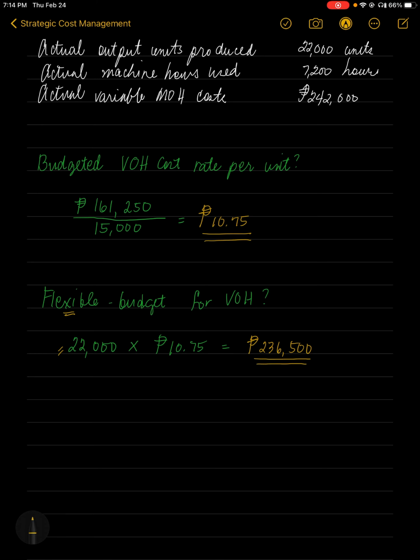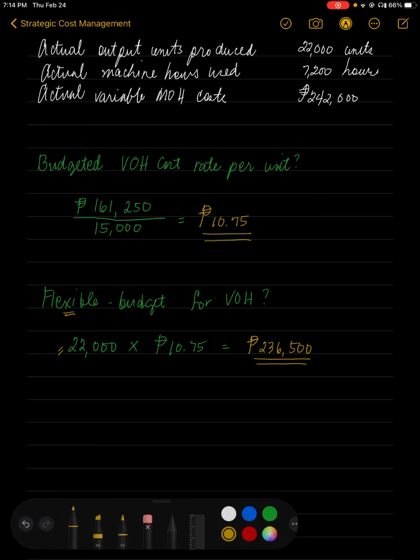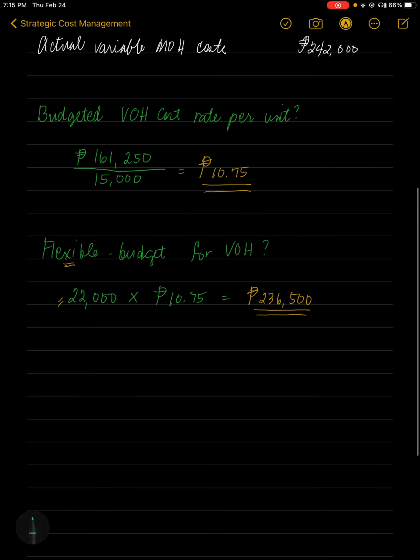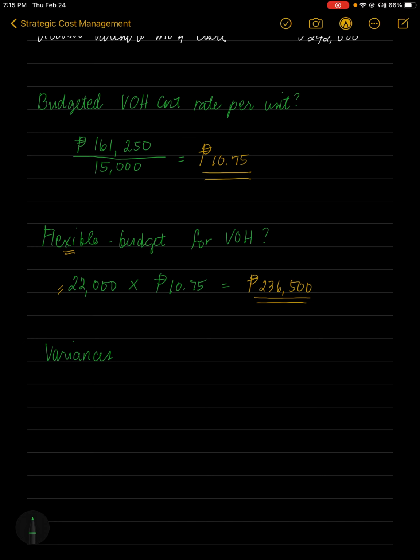So, in terms of comparison, and in terms of asking if there are any variances and whether the variances are favorable or unfavorable, compare natin yung standard or yung budget being compared to the actual.